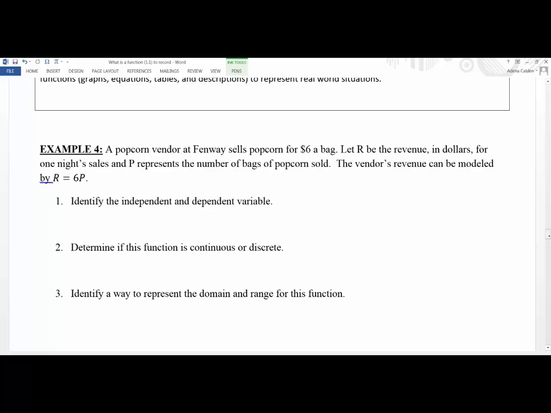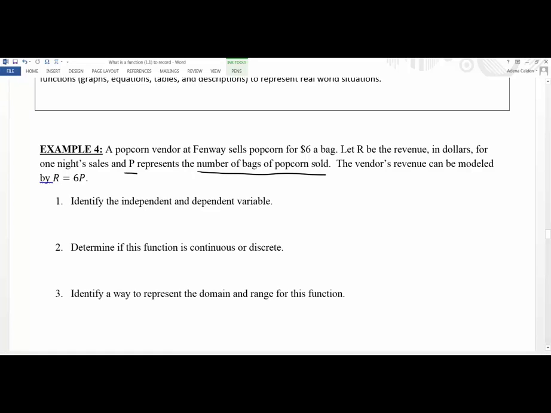So here, if we wanted to talk about the independent and dependent variable, we would need to figure out which variable we would be plugging numbers into, which one varies. My independent variable is going to be P, which represents the number of bags of popcorn sold. It can vary from 0 bags up to who knows how many bags.